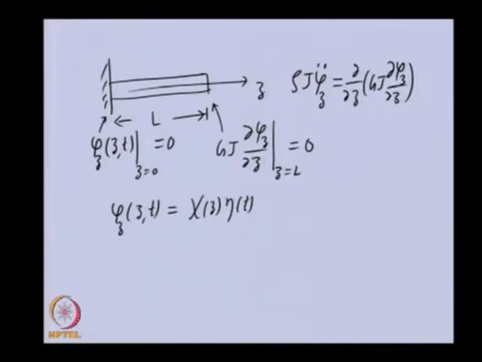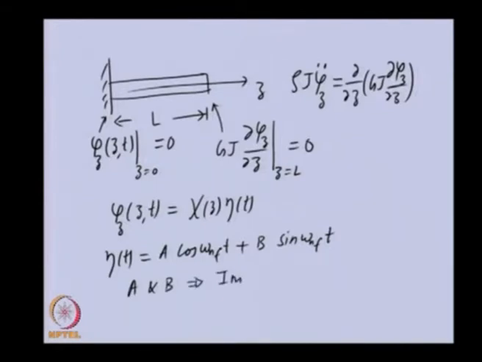The form of this harmonic function, we know, is A cos omega_n t plus B sin omega_n t, where omega is the frequency, t is time, and A and B are constants, which we will obtain from the initial conditions of the problem.